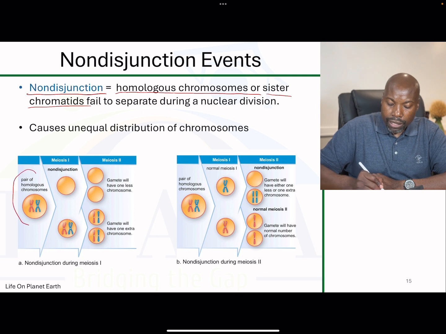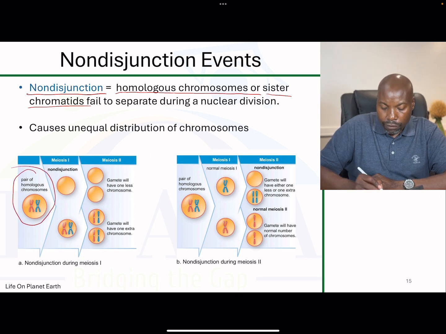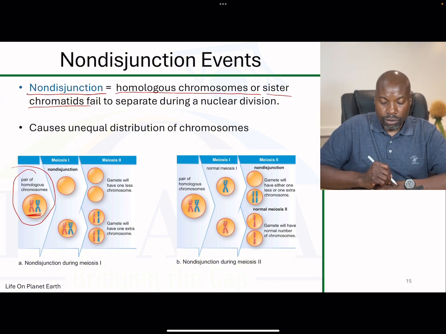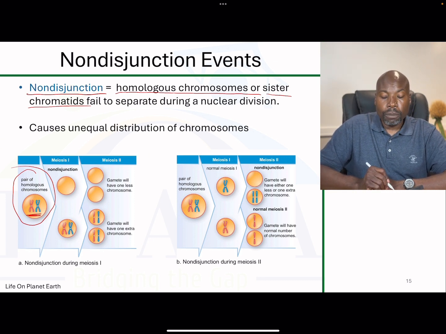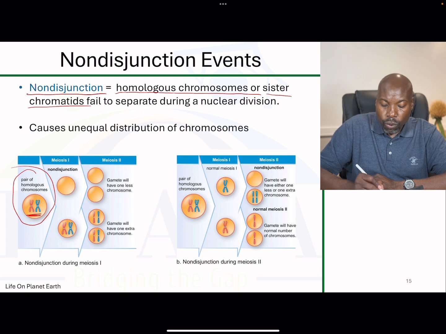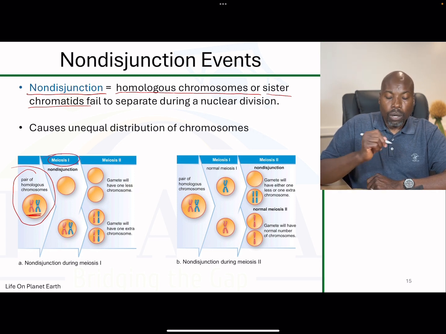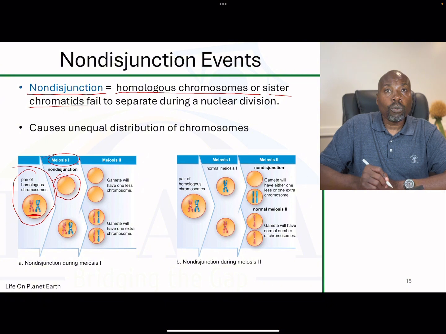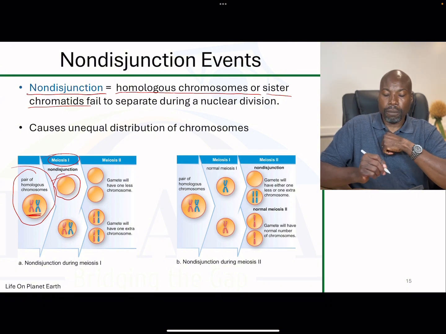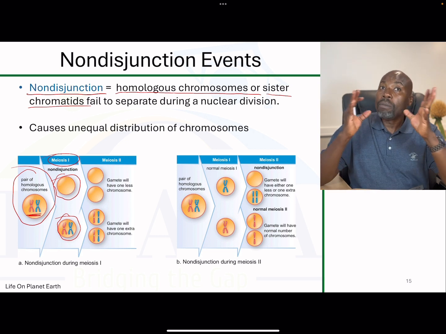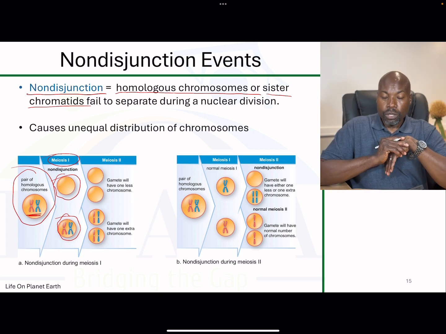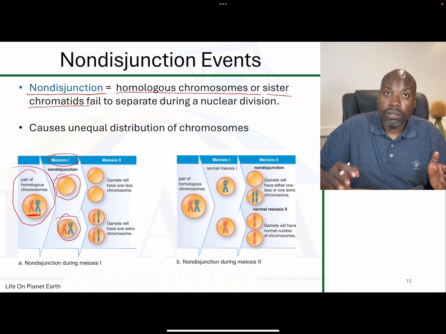Say we are in meiosis 1 and we are tracking 2 homologous chromosomes. We have non-disjunction there, so you have unequal distribution of chromosomes. One cell is going to end up with less genetic information, and another cell is going to end up with too much genetic information. So the 2 cells are abnormal.